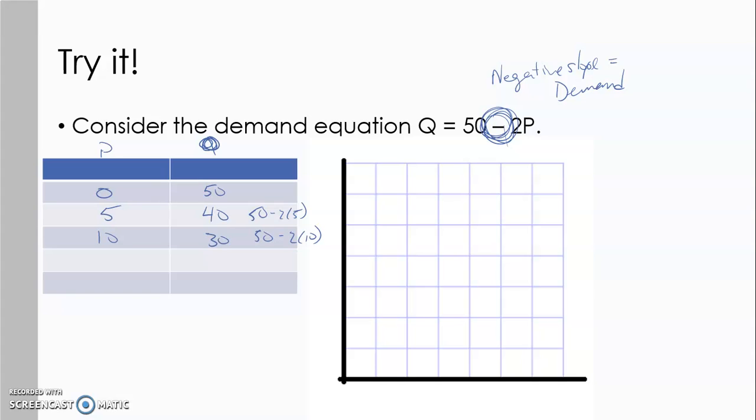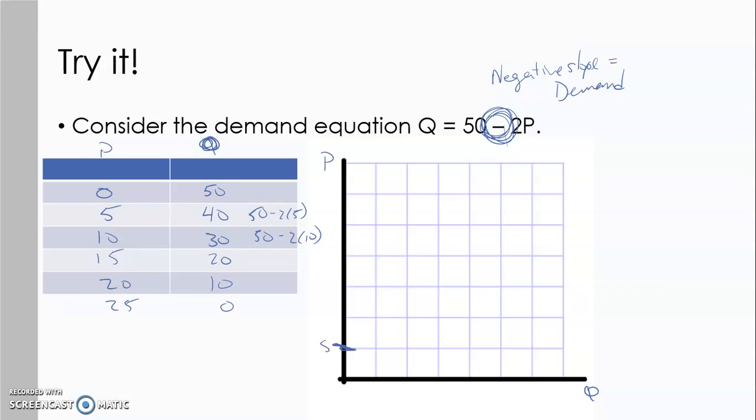Are we seeing a pattern here? 15 gives us 20. 20 will leave us at 10. And then, just for the record, if we go to 25, we'll end up at 0. So let's go ahead and graph this. We have price on our vertical, quantity on our horizontal.